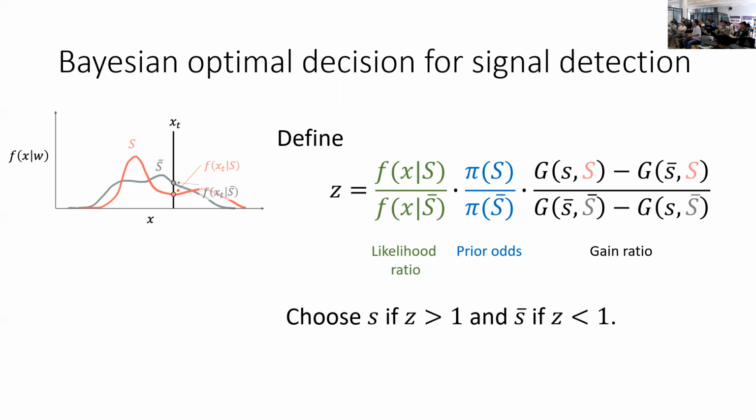And why I like to put the formula here is because, as you can see, the prior and the gain function play similar roles. To change what a Bayesian observer does, you could either change the prior or the gain function.